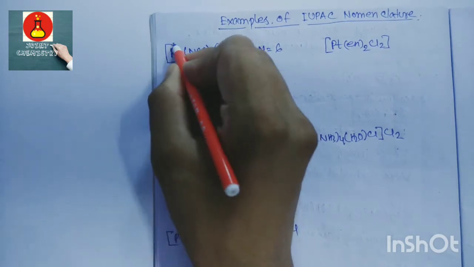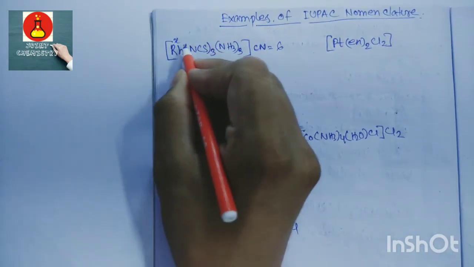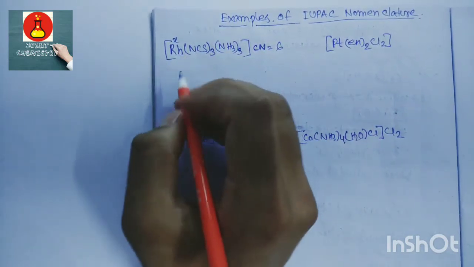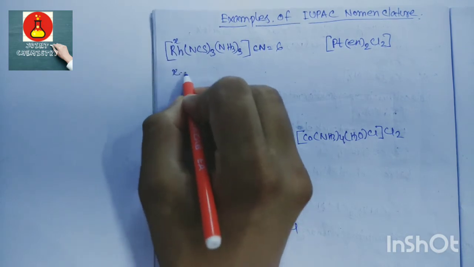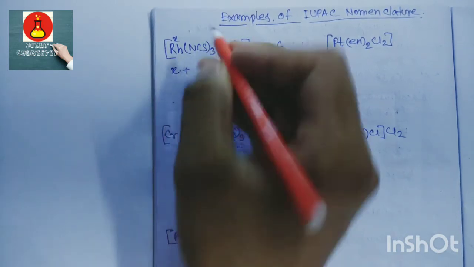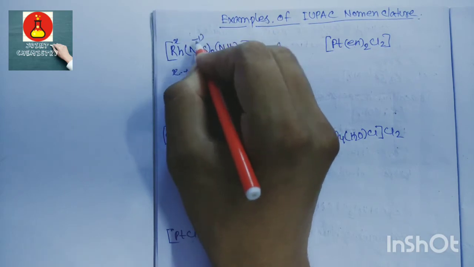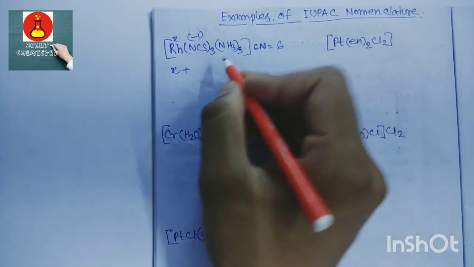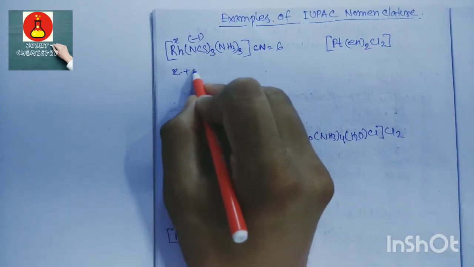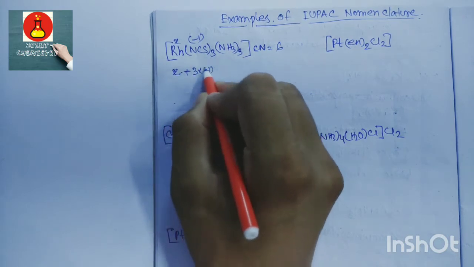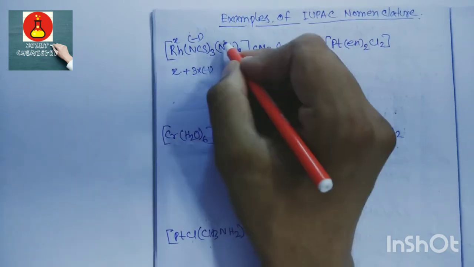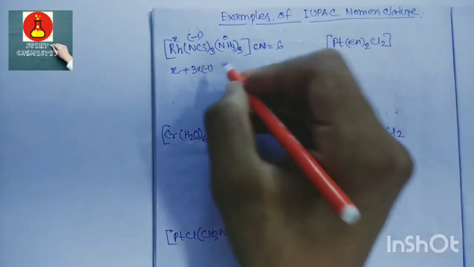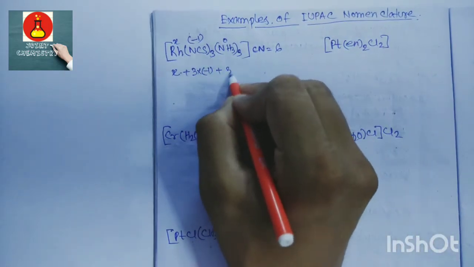And let's calculate the charge. Let's say the charge of the rhodium is X. So X plus every NCS gives -1 charge. There are 3 NCS, so 3 into -1. And amine is a neutral ligand, so it donates 0 charge, so 3 into 0.